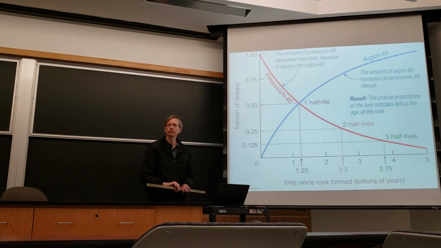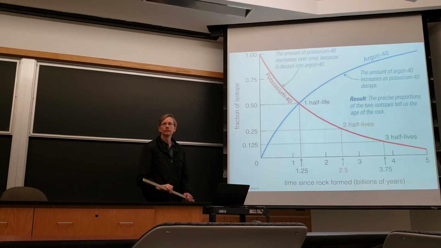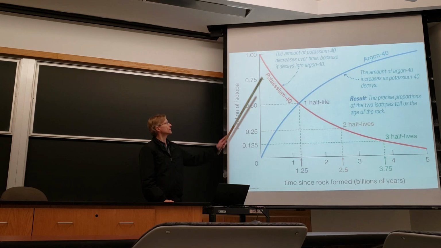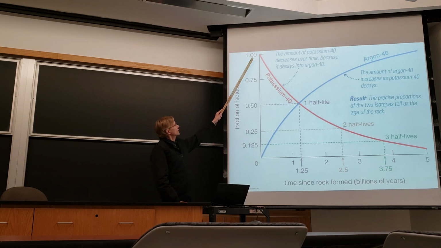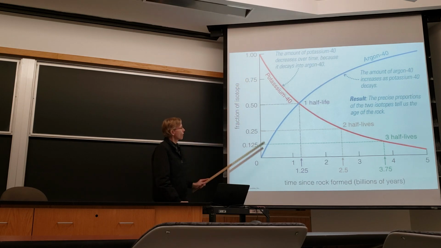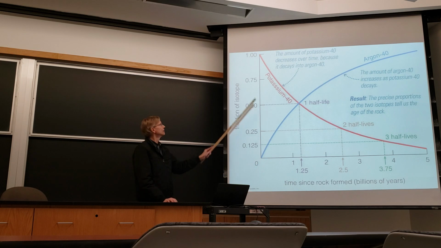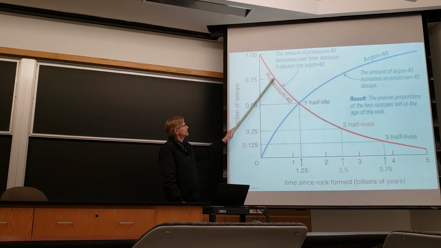Did you have a question? Yeah, as the potassium is decaying, is it becoming argon? It's becoming argon. Potassium 40 decays into argon 40. So originally, there's no argon 40 in the rock, but as potassium decays, it's turning into argon 40.